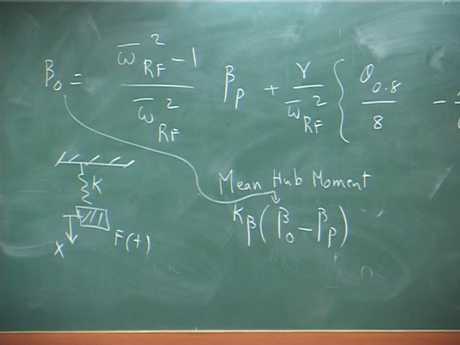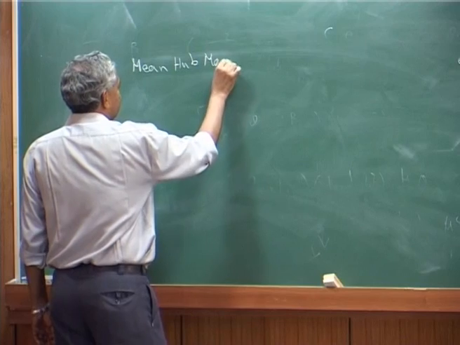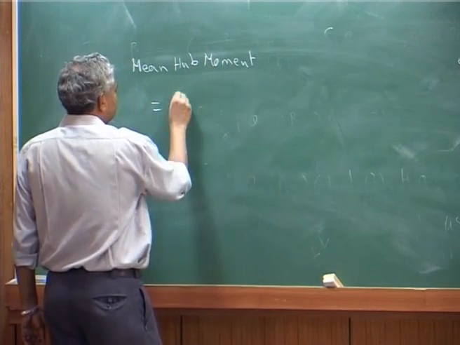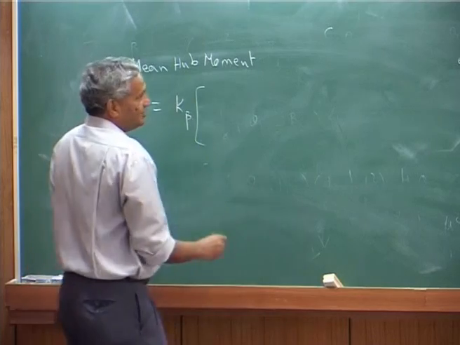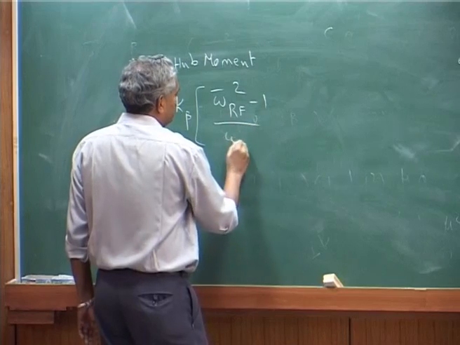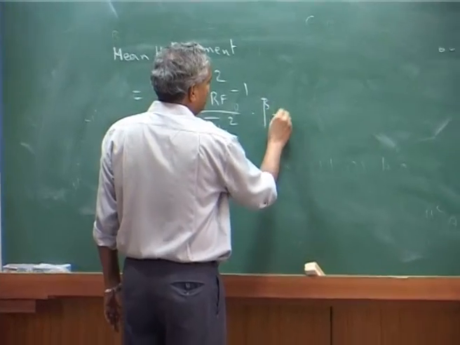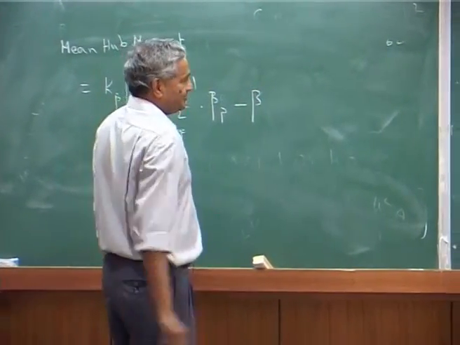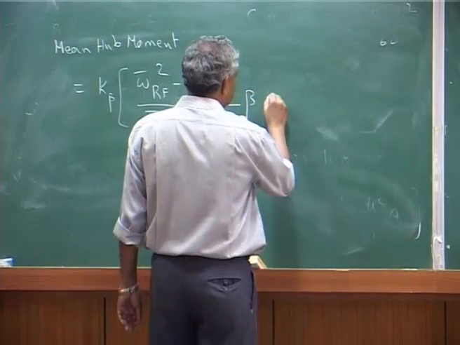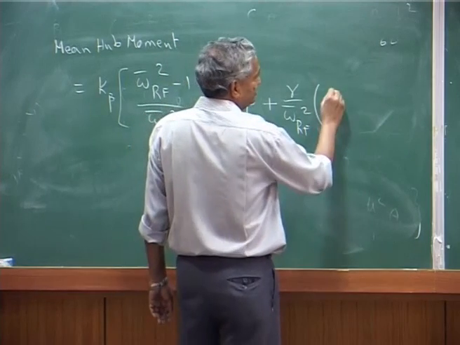If I substitute that, my mean hub moment will become k beta, you will have omega bar r f square minus 1 by into beta p, 1 minus beta p, then of course, the other term plus gamma over into theta.